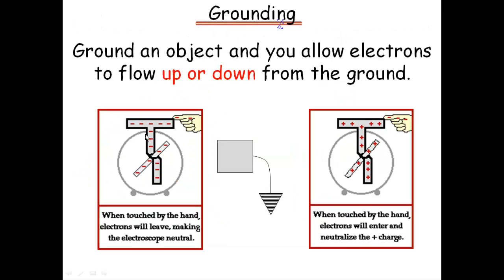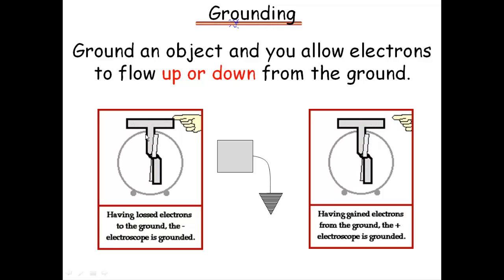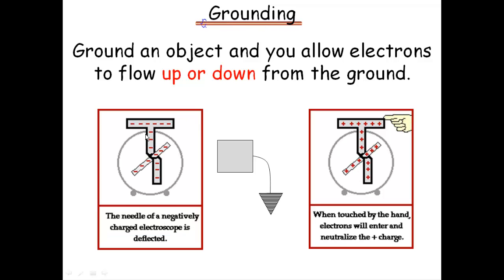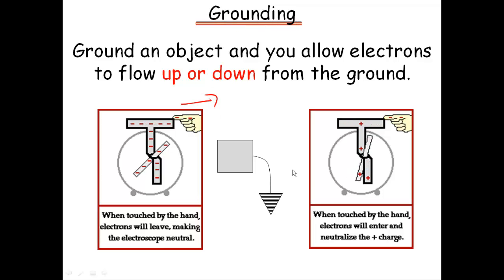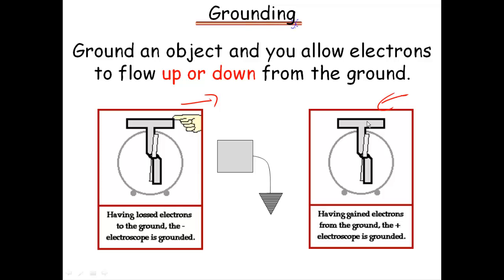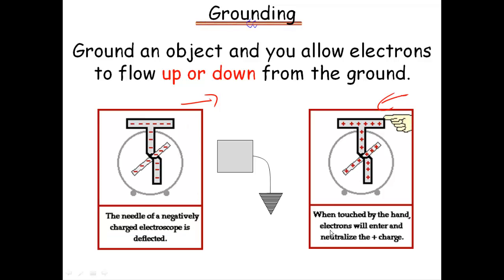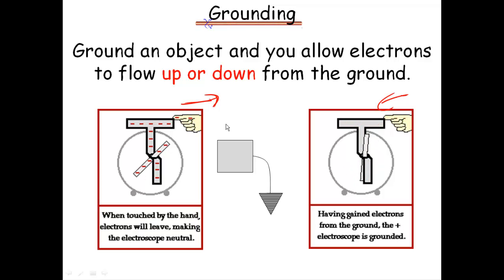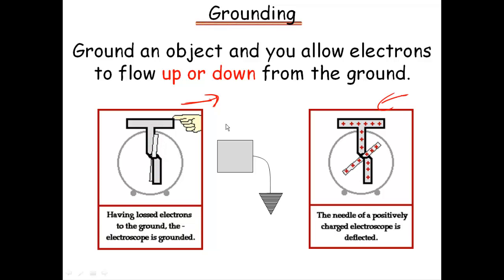When it comes to moving electrons, we often do something called grounding. When you ground an object, you're basically allowing electrons to either leave or to enter, literally from the ground. And so if you allow them to leave, you're going to lose electrons, and if you allow them to enter, you're going to gain electrons.